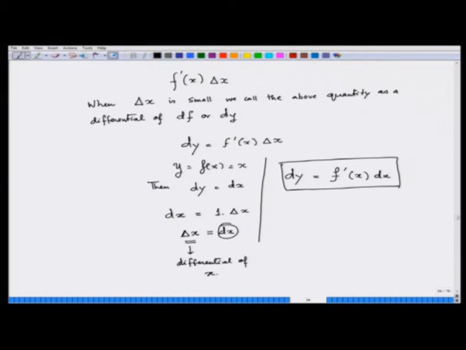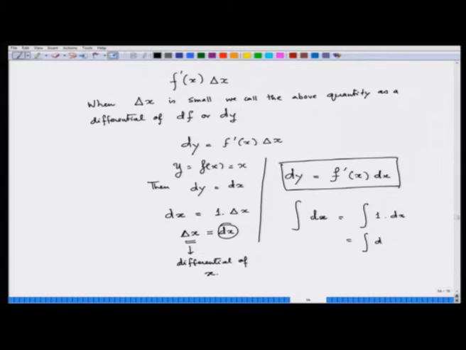But if you look at the formula, we can now talk about the integral of this differential. Essentially, I am talking about the integral of 1 into dx. Basically it is talking about a change of y when f dash x is 1, so dx is equal to 1 into dx.